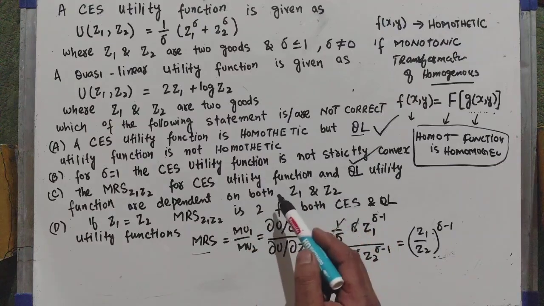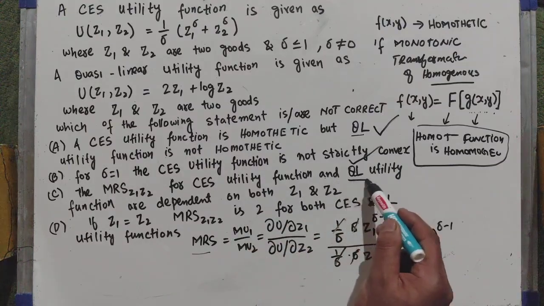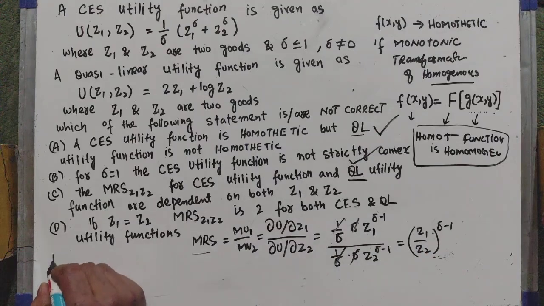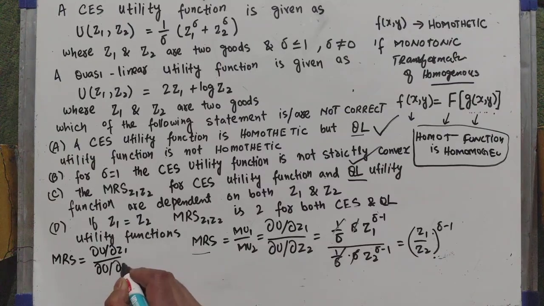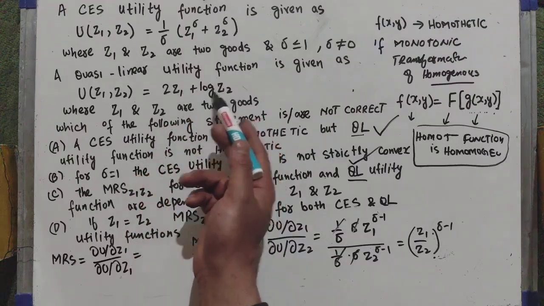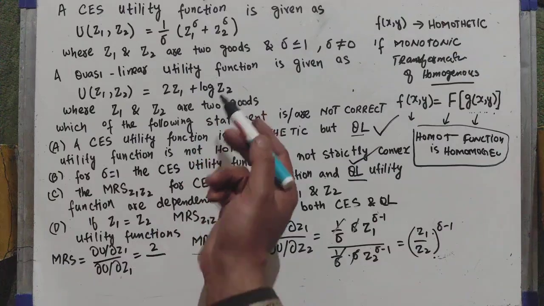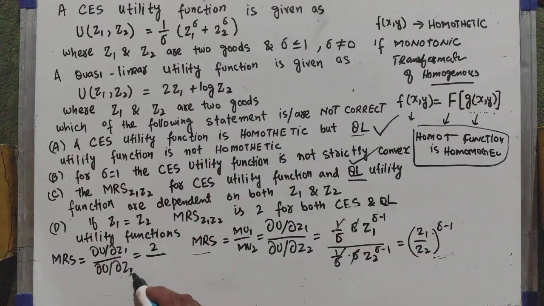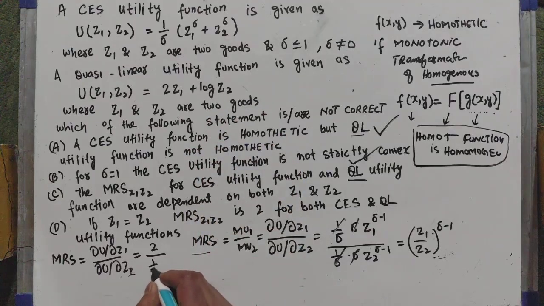So what about the quasi-linear utility function? Let us take its MRS, that is del u upon del z1 divided by del u upon del z2. Taking the partial with respect to z1, we are left with only 2. Taking the partial derivative with respect to z2 this time, the derivative of log of z2 is 1 upon z2.